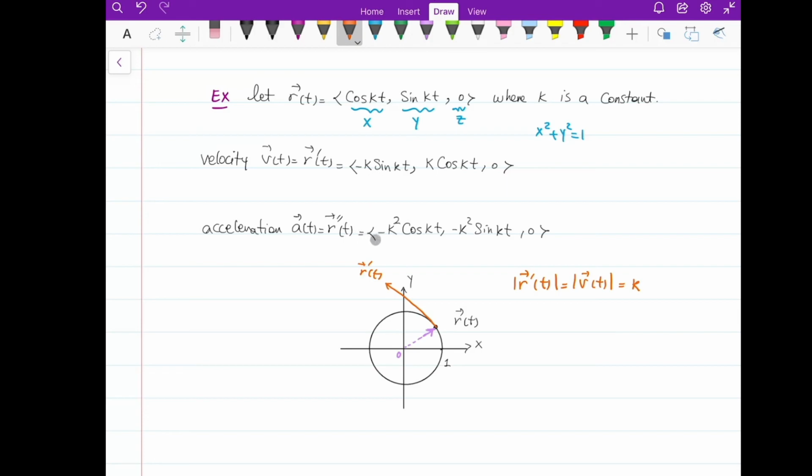About acceleration, you can find the dot product of r prime and r double prime, and you will see that the dot product of these two is also equal to 0. And acceleration, with the negative k that we have in here, is this vector toward the origin. This is the acceleration, r double prime of t, and the length of the acceleration is equal to k squared.